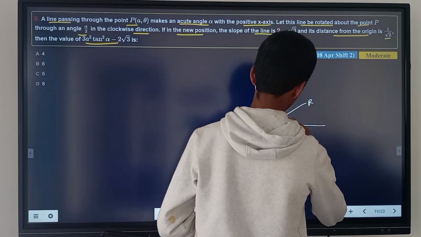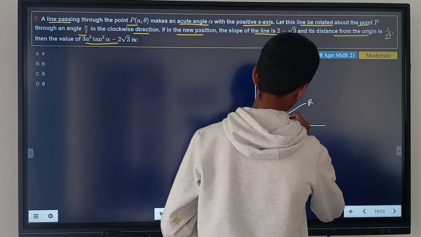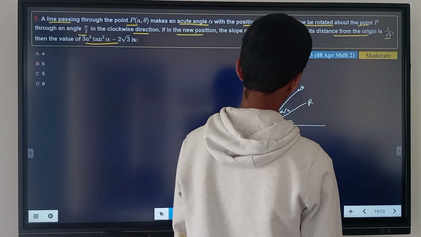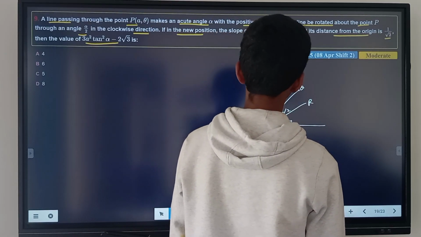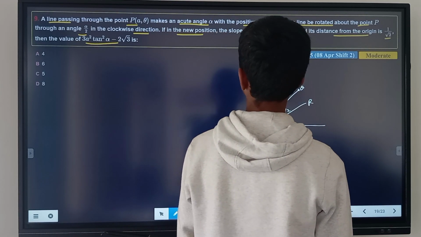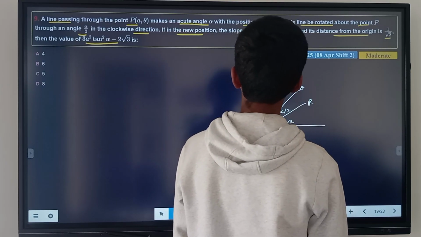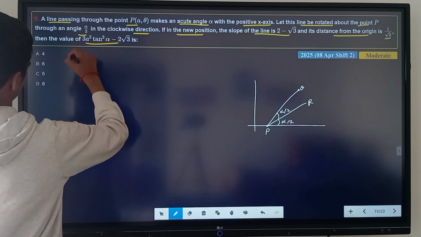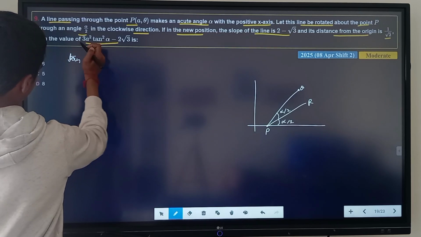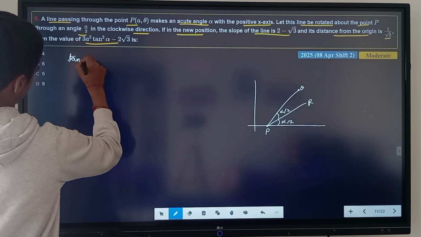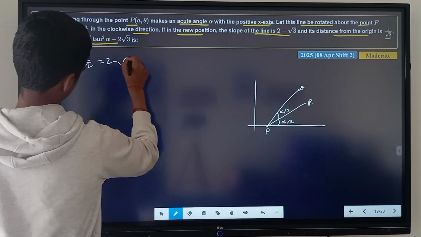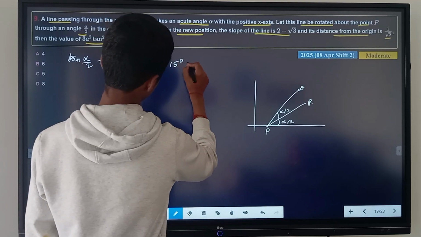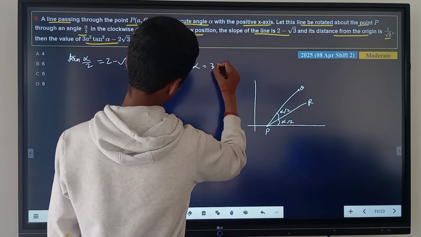This is R, alpha upon 2, alpha upon 2. Now the slope of the new position is 2 minus root 3. So our tan alpha by 2 is equal to 2 minus root 3. From here, alpha by 2 is equal to 15 degrees. Our alpha is equal to 30 degrees.